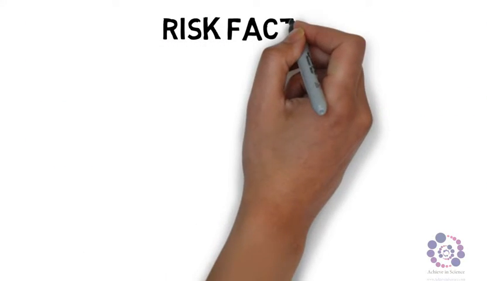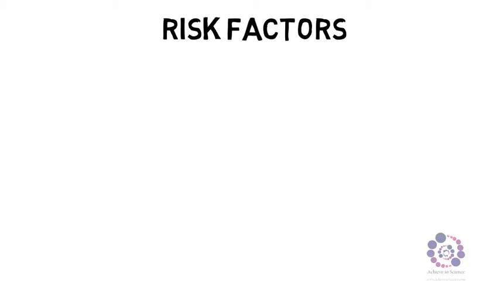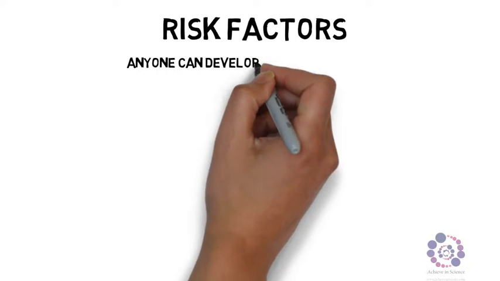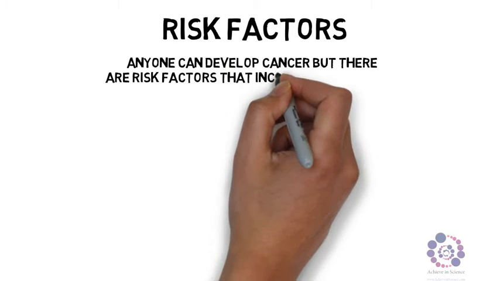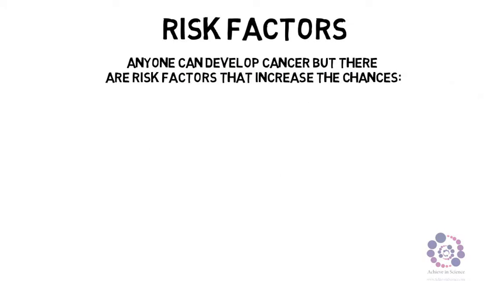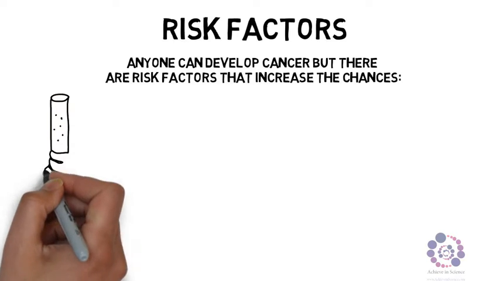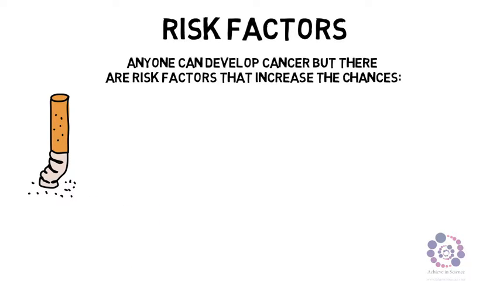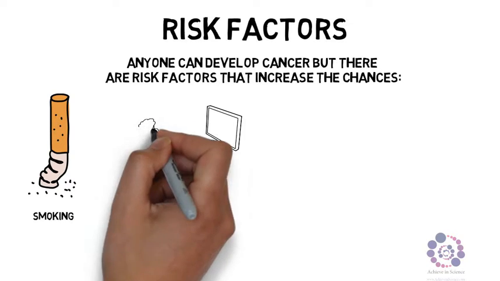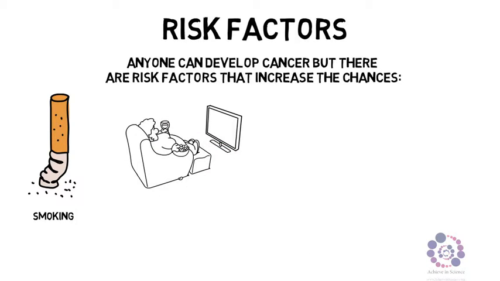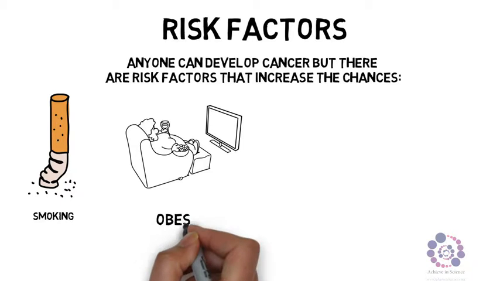Now, there are risk factors. Everyone has the chance to develop a cancer, but there are certain factors that can increase your chances of developing cancer and make it more likely that you do. First of all, smoking is linked to many cancers. Next, obesity and being overweight.